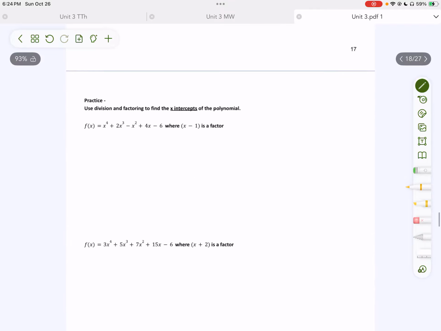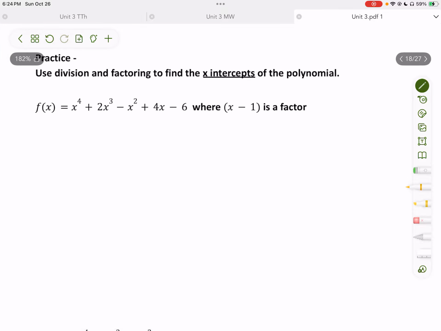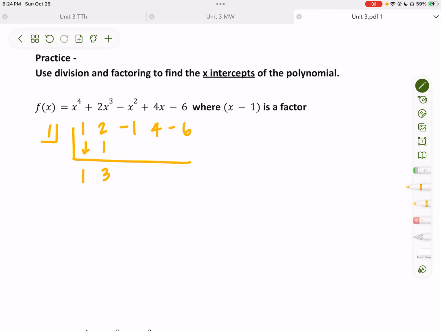Okay. Last two of the day. We'll do some synthetic division again and then find any remaining x-intercepts. Bring down the first term, multiply, do the math, multiply, do the math, multiply, do the math.